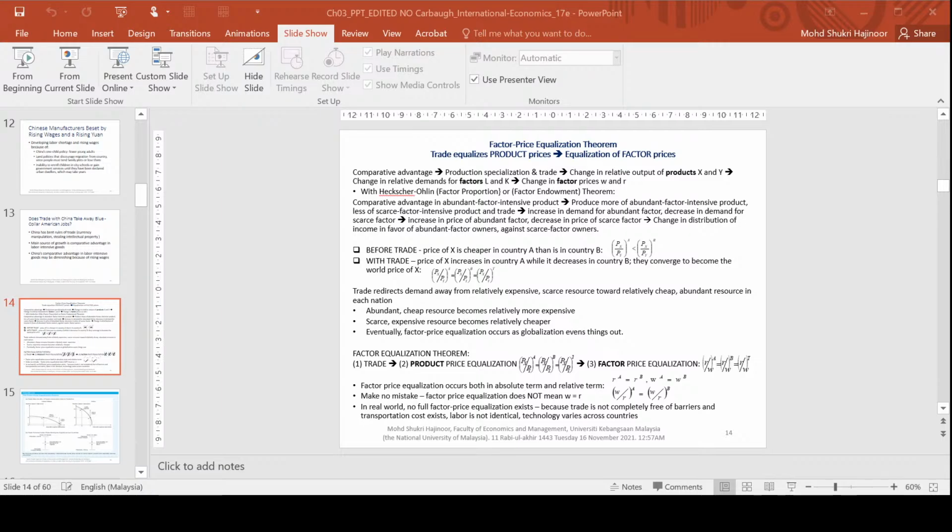As a result, China, which had lots of labor and low wages, produces more textile, which means more demand for labor, and wages will go up.